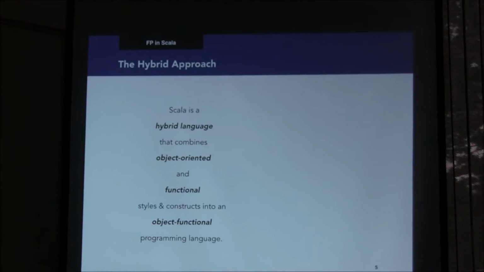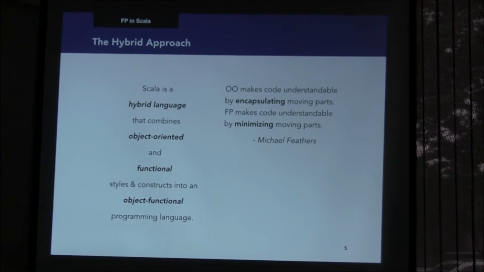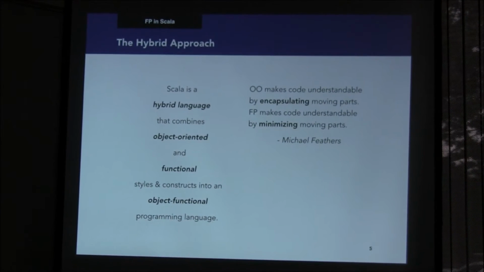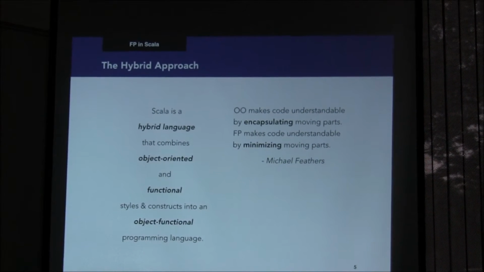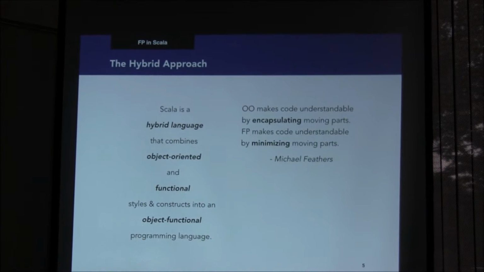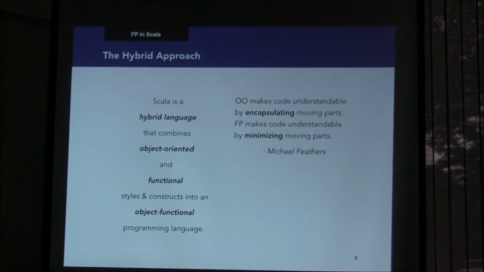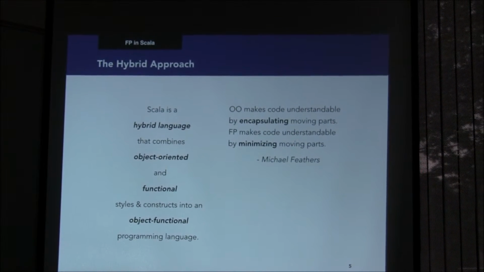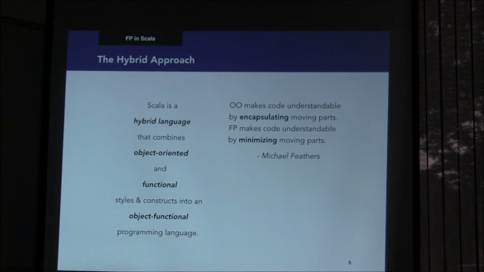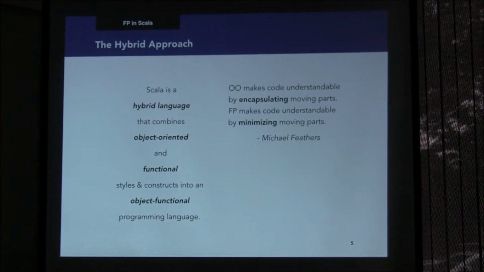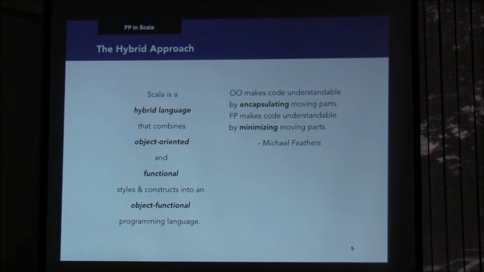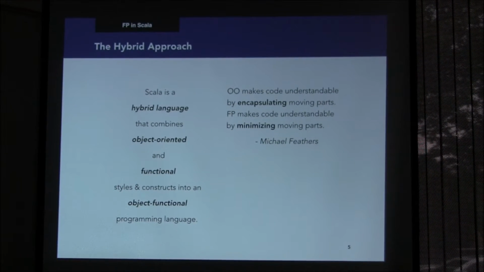And this is not a bad idea because, to read the Michael Feathers quote, OO makes code understandable by encapsulating moving parts, and FP makes code understandable by minimizing moving parts. If you have access to both approaches, you can write clean, clear, beautiful, elegant code using whatever approach makes sense for the domain that you happen to be in.